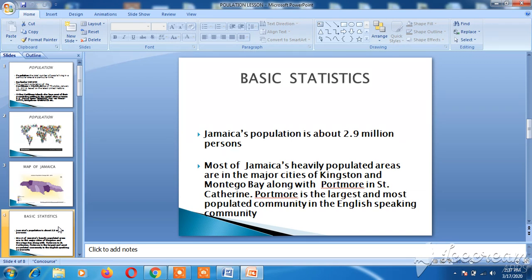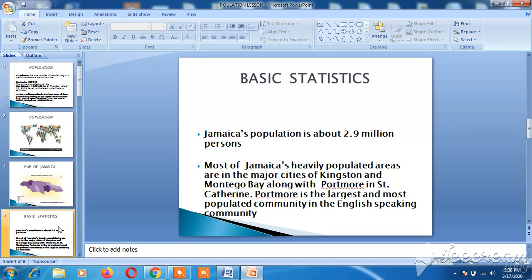And just a note here, gentlemen, you need to recognize that there are more persons living outside of Jamaica than who are currently living here. So we call those persons who are living outside of Jamaica the diaspora. So all those persons living outside of Jamaica in the Caribbean, in Europe, North America, and elsewhere, they are known as the diaspora.